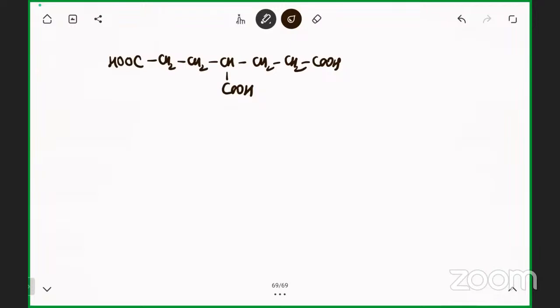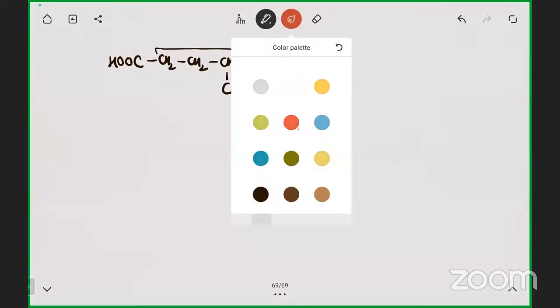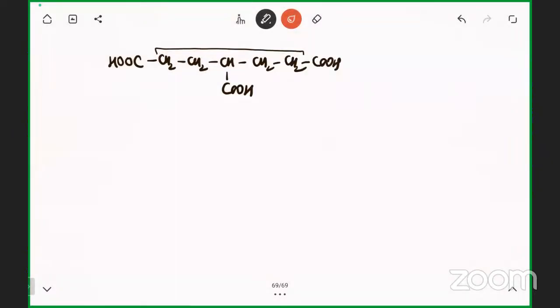All are having equal priority because all are the same group. So you'll use the main chain, and the main chain will be considered as this one. Okay, so I'll do the numbering. 1, 2, 3, 4, 5. You can do it either from the left side or from the right side.